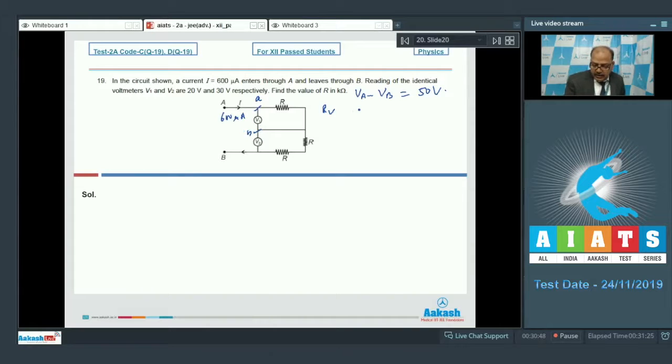B, is equal to R into RV by R plus RV, and this means we have R into RV by R plus RV equals 20 by 600 into 10 to the power 6.